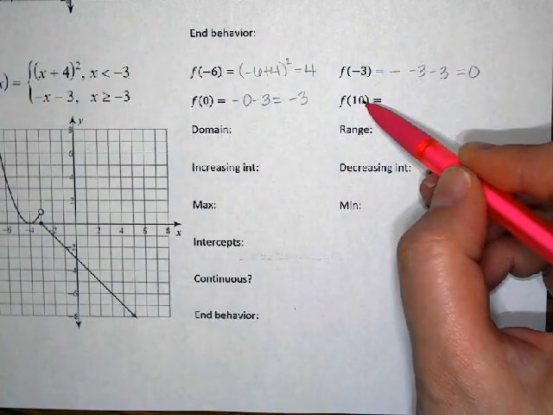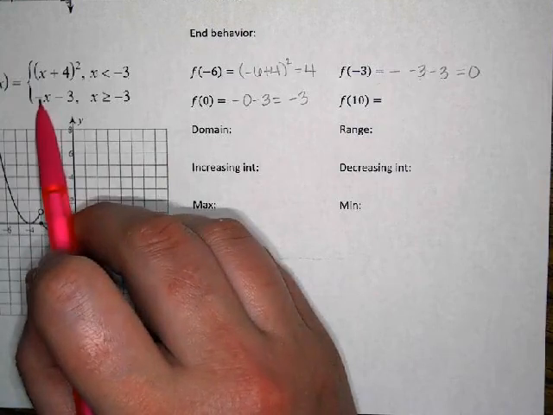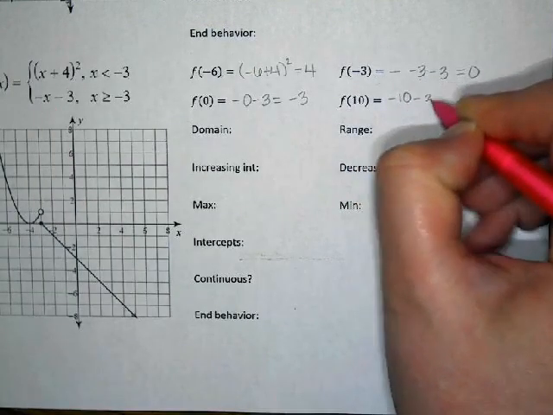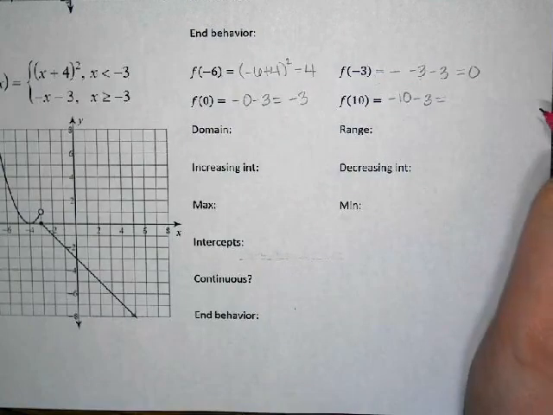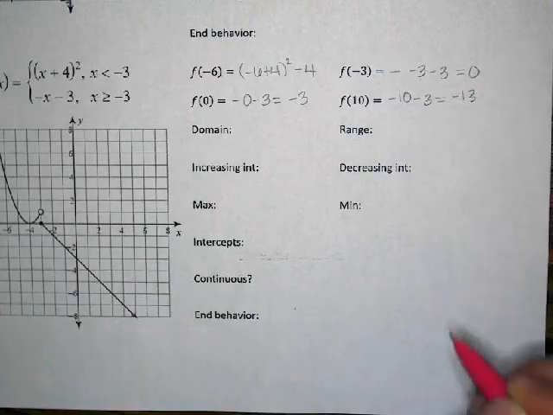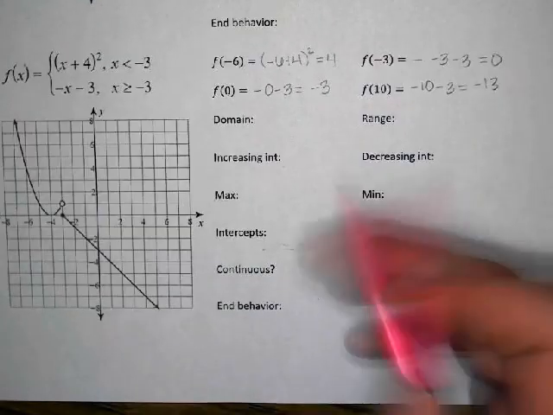Is 10 smaller than -3 or bigger than -3? Bigger. So we're going to do negative version of 10 minus 3. -13. And all of these points should be visible on the graph.